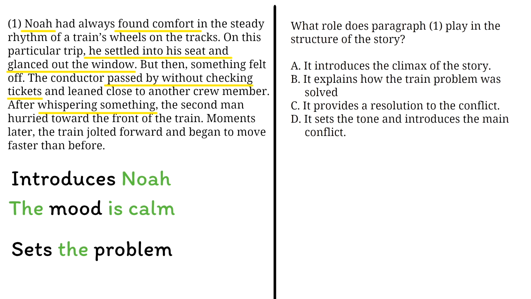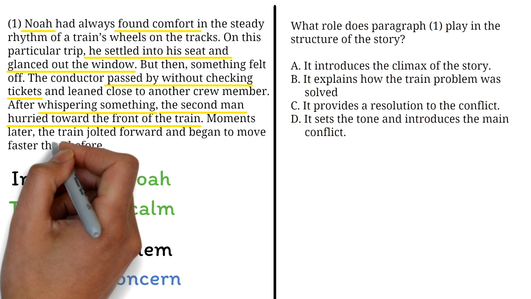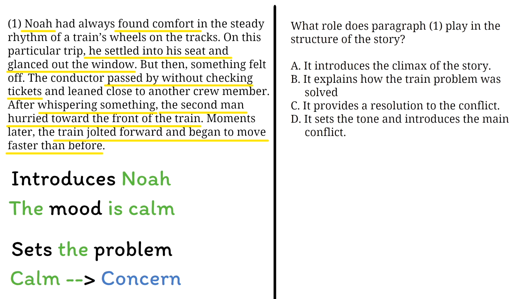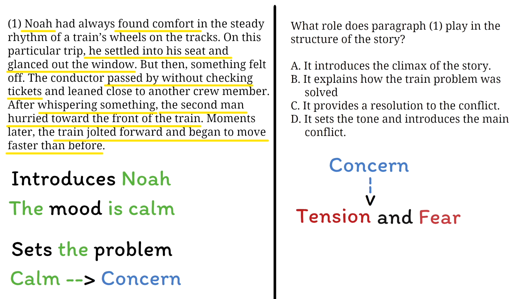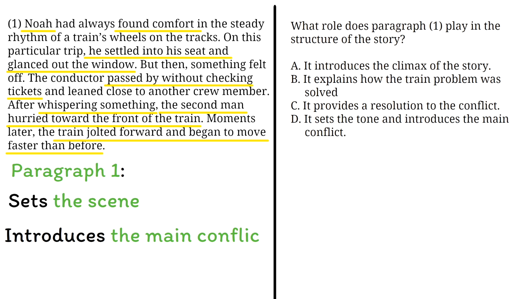This unusual behavior causes the mood to shift from calm to concern. Next, when the second crew member rushes to the front and the train suddenly speeds up, the concern grows into tension and fear. At this point, it becomes clear that something is seriously wrong with the train. So the author uses paragraph 1 to set the scene and introduces the main conflict.